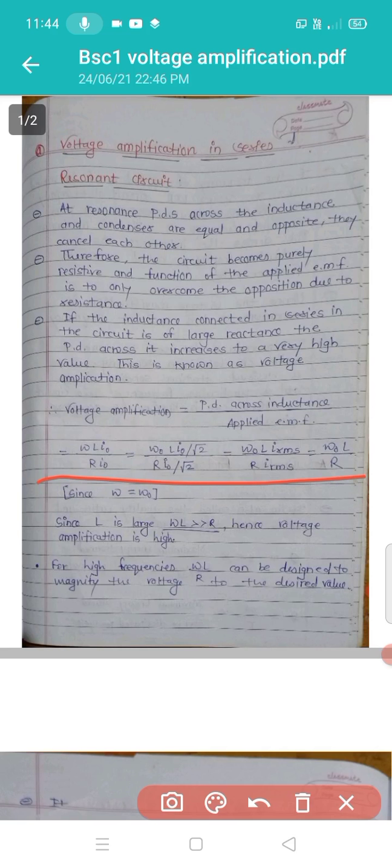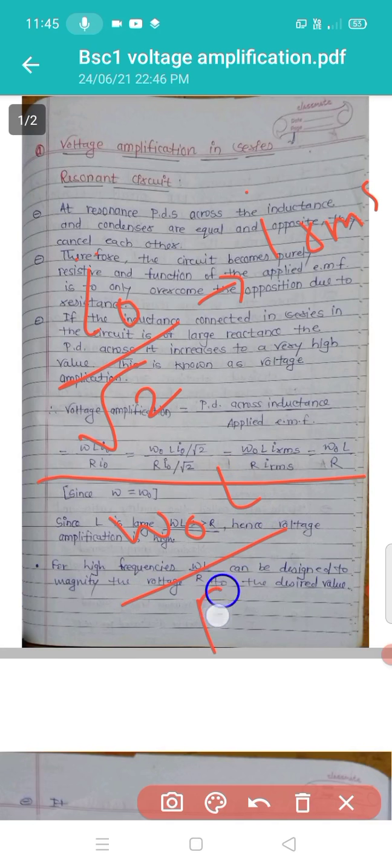Here I naught upon root 2 is the RMS current. Putting this value we get omega naught L into I RMS upon R into I RMS, which is equal to omega naught L upon R.